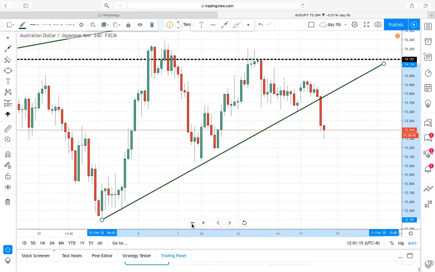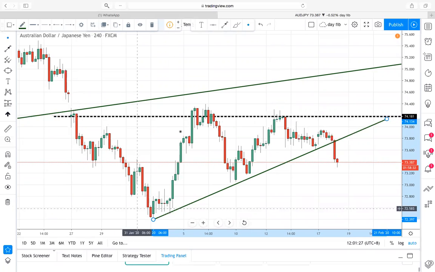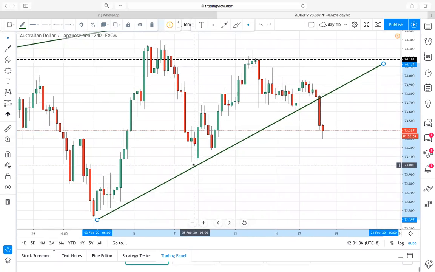That means they will be looking at support and resistance rather, right? Using support and resistance as a tool to guide them, to determine whether to buy or to sell. So they'll be selling here, they'll be selling here, they may be selling here, right? So there's one way, like I said, there are many ways to skin a cat. So for me, I prefer to use the trend line, so there's no right or wrong in that sense.